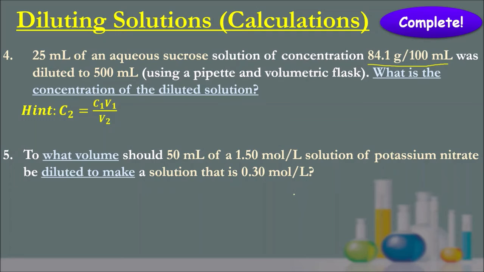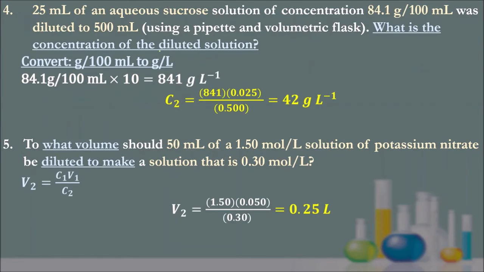I'm going to go through the answers, or I'm going to shift to the answers very soon. Could you please pause if you want to have a go at the question? So I'm going to move over in 5 seconds. And moving across. So what I did here was I converted my grams from 100 milliliters to grams per liter.